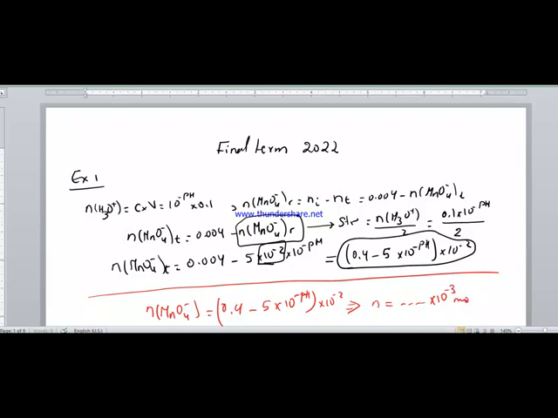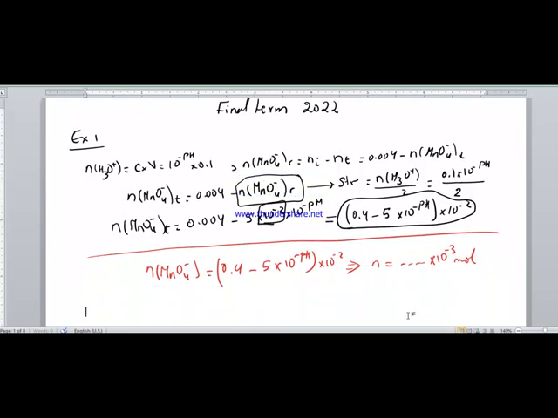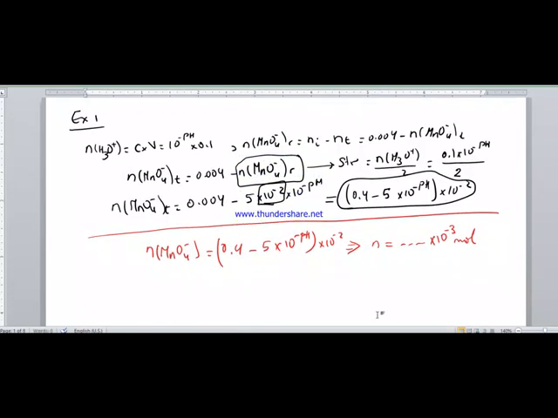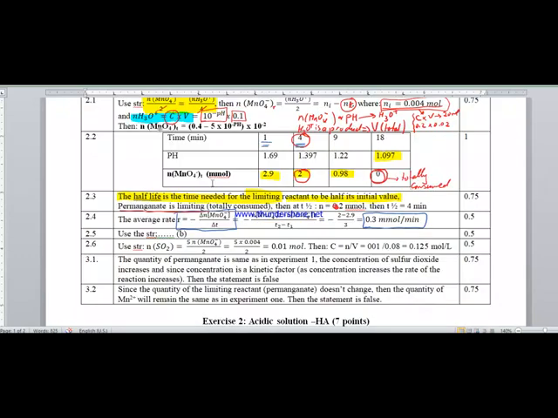The calculator will give you 10 to power minus 3, because the number of mole in the table must be in millimole. The number of mole in the table must be substituted in millimole.